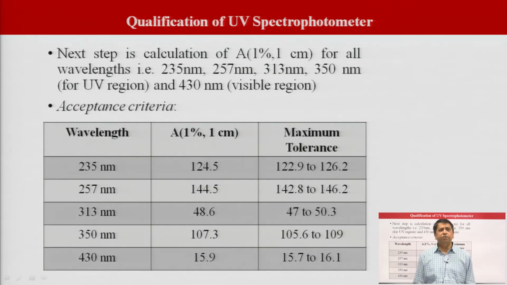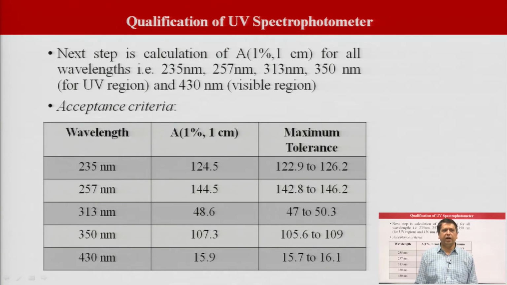The next step is the calculation of A1% 1 cm for all wavelengths, that is 235 nanometer, 257 nanometer, 330 nanometer, 350 nanometer for the UV region and 430 nanometer, as we have already discussed, for the visible range.